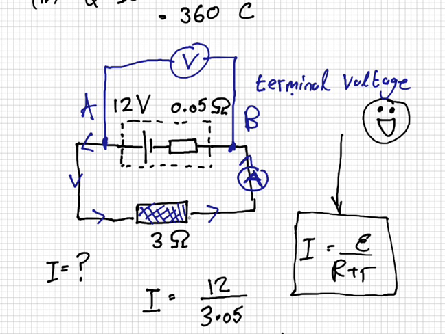You have to use the other formula with the E in it. So you know the E. You want the V, the voltmeter V. You now know the I, and you know the small r. So tell me what the terminal voltage here is. Yeah, it's the one using the lost volts.